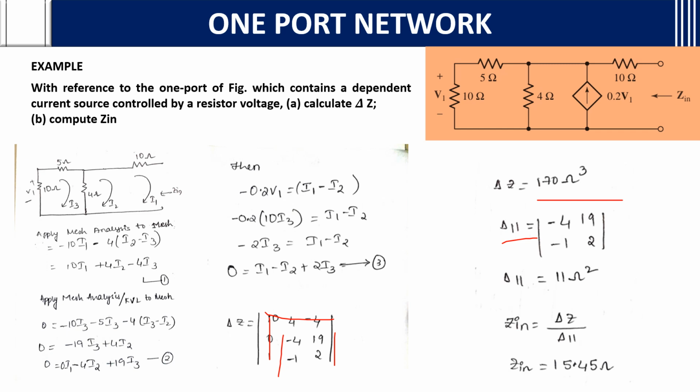You multiply this and subtract this multiplication. Then you get 11 ohm square. Then Zn is equal to delta Z by delta 11. Delta Z is 170 ohm cube and delta 11 is 11 ohm square. Then you will get Zn as 15.45 ohm as the input impedance.